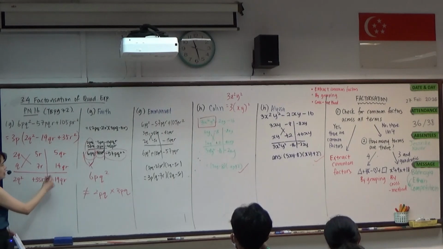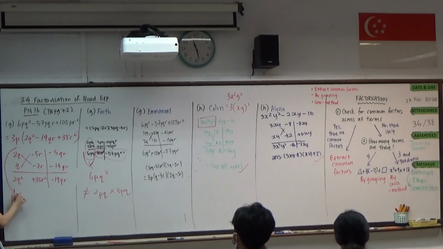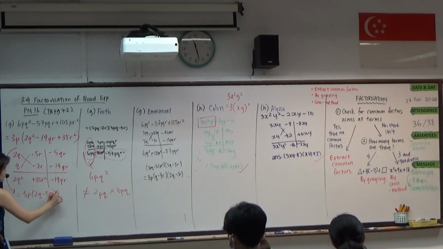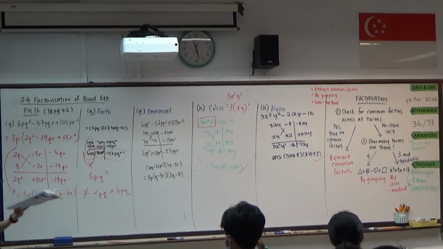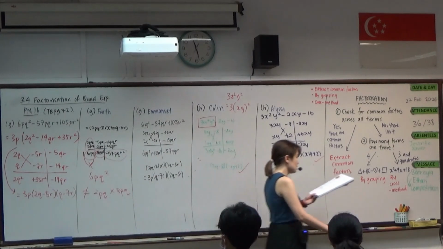In order to get negative 19, it should be negative over here and negative over here. So our answer should be 3p times 2q minus 5r times q minus 7r. Okay? Questions?